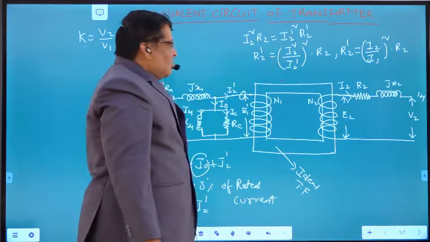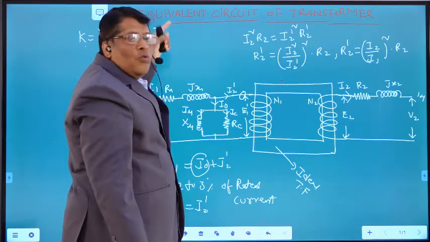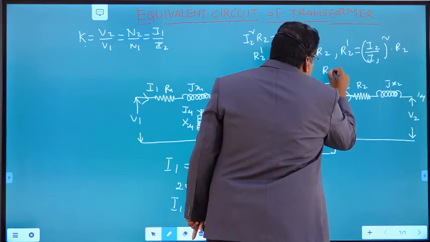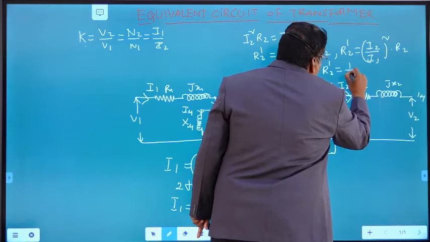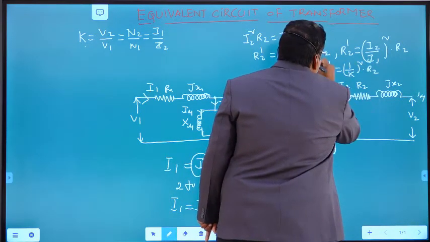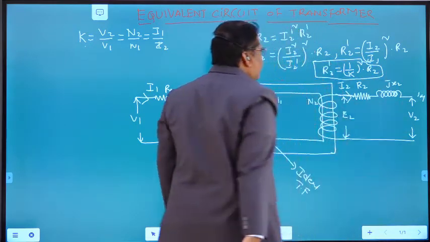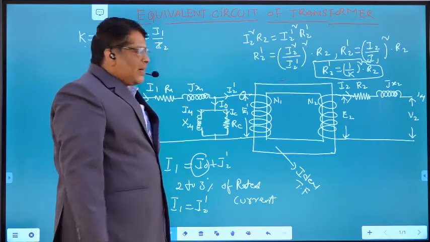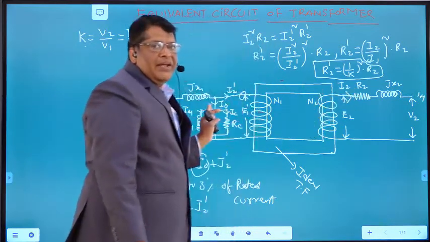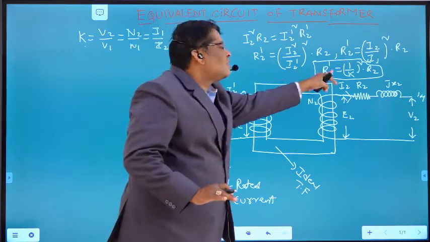Already we know I1 by I2 equals K, so I2 by I1 equals 1 by K. Now the same equation can be rewritten as R2 dash equal to 1 by K square into R2. This is very important. When you transfer R2 to the primary, this much resistance you have to keep in the primary.